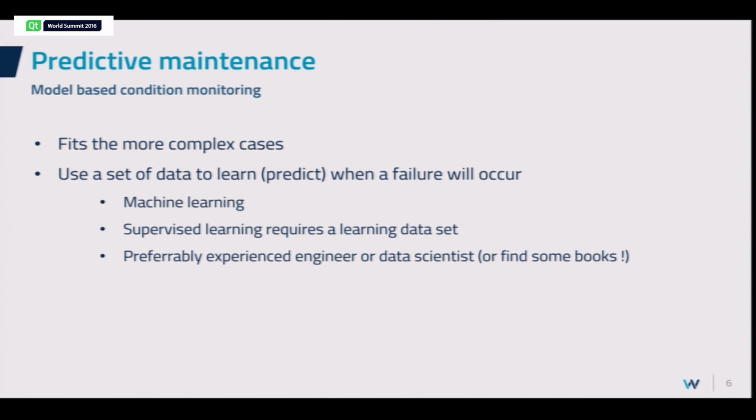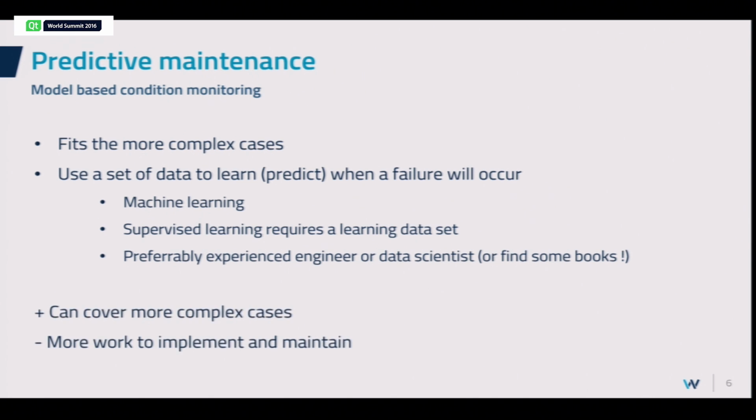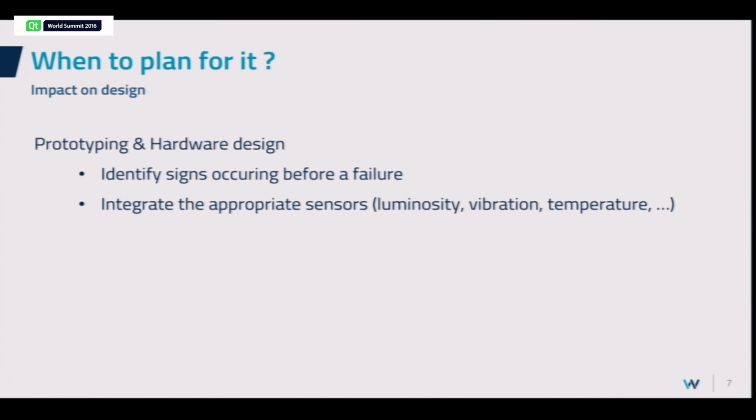Is there a problem or not? From that, you can build a model that will learn from this information and be able to tell you, okay, I have this input, now something will probably be wrong soon, and you need to do something about it. So it can cover more complex cases, and it's a bit more work to implement and maintain.